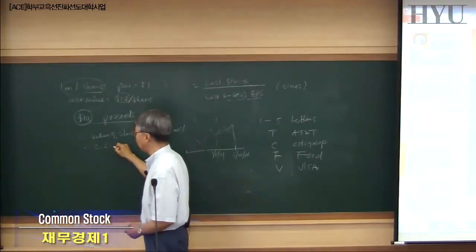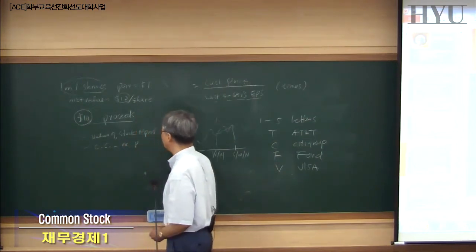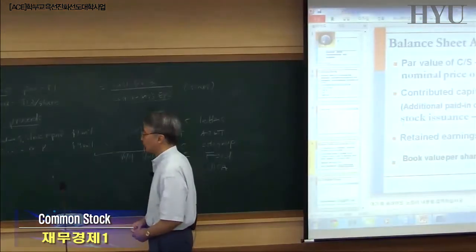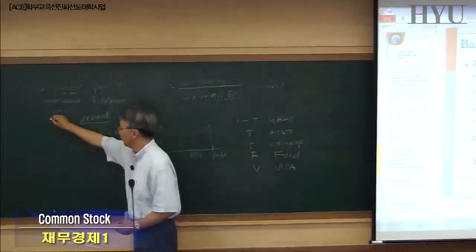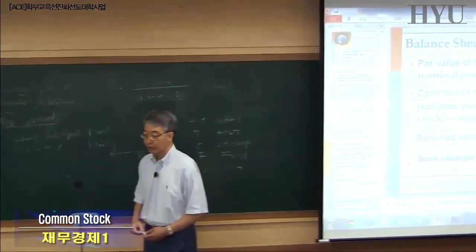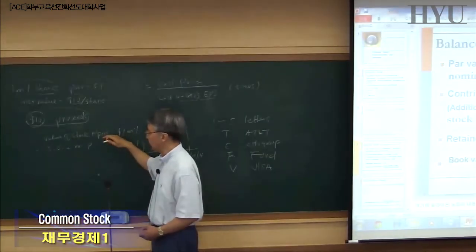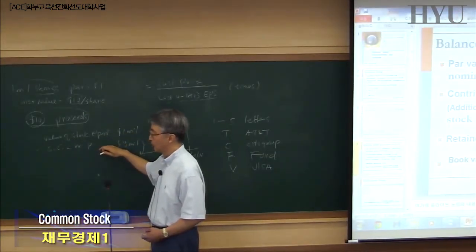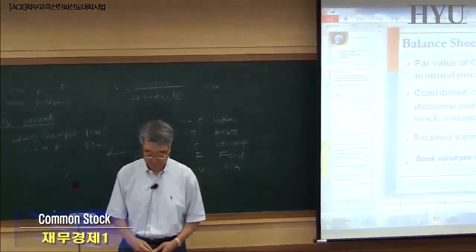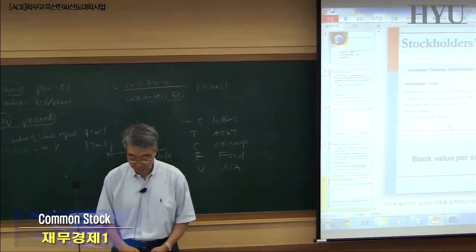Contributed capital in excess of par, that would be 9 million. So total proceeds will be listed as stockholders' equity, but it will be separated between the par value and the contributed capital in excess of par, or additional paid in capital.